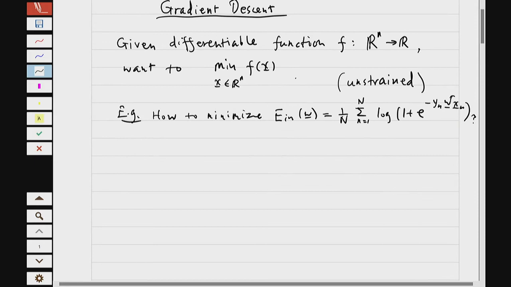But throughout today, we just use a general notation of f in an n-dimensional space to discuss gradient descent. So forget about machine learning for a second. Just for this hour, we'll focus on this pure mathematical form and see how we can minimize that function. As I mentioned, gradient descent is a numerical method, not analytical.